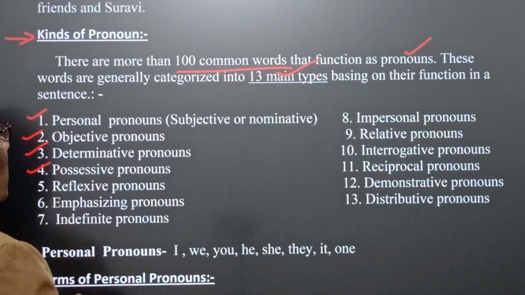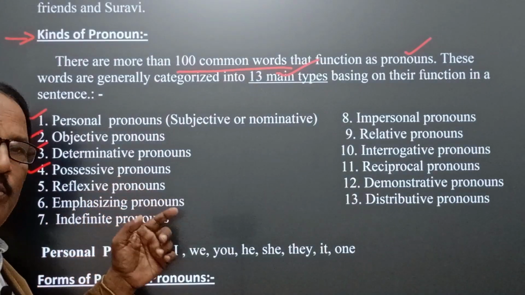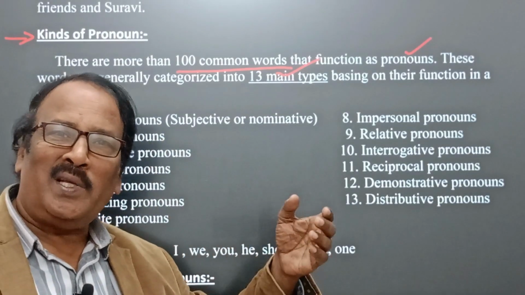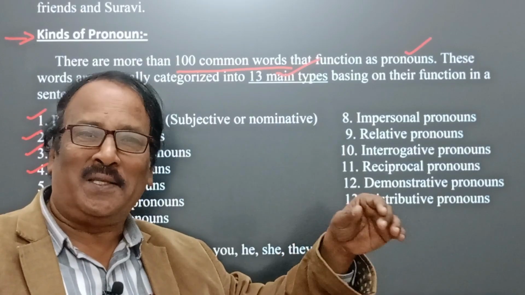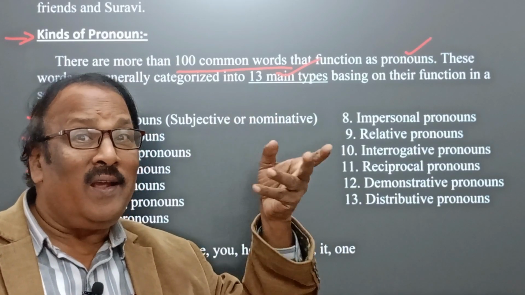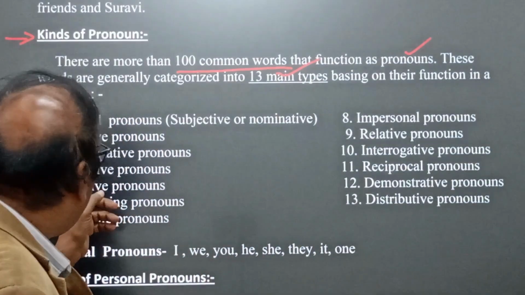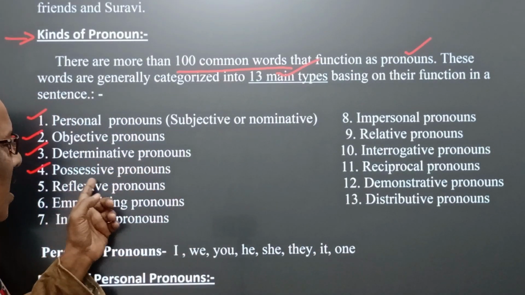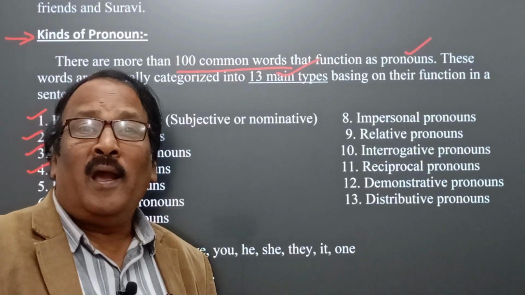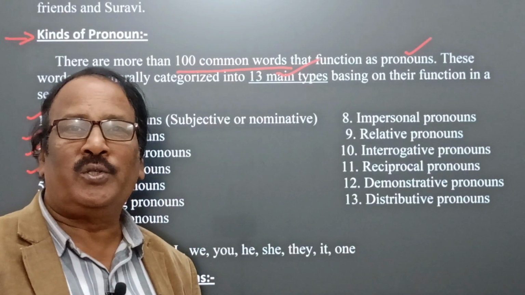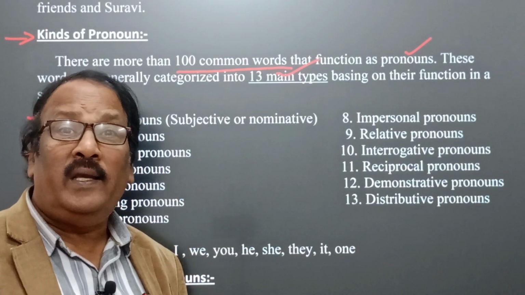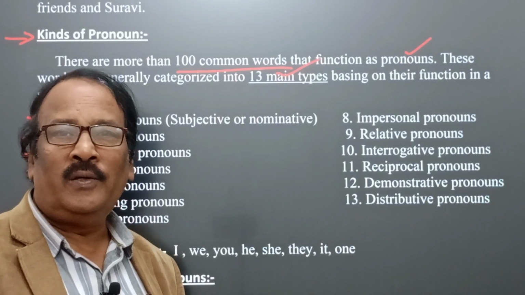Now come possessive pronouns. Possessive pronouns also express ownership or possession, but they don't take nouns after them. This is the difference between the determinative pronoun and the possessive pronoun: mine, ours, yours, hers, his, theirs.